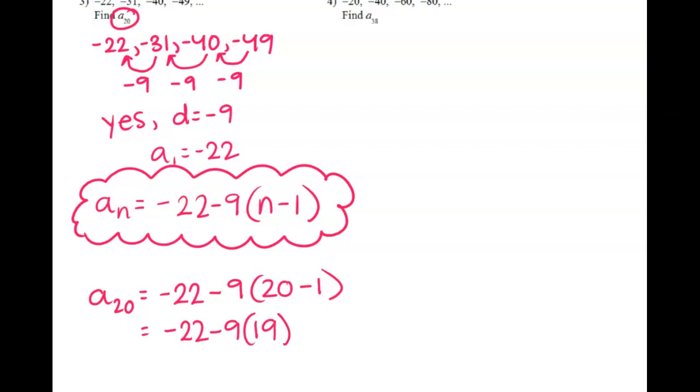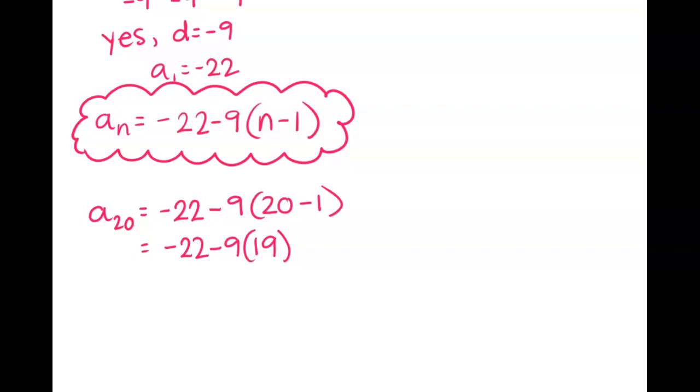So a sub 20, which is our 20th term, is negative 22 minus 9 times 20 minus 1, which is negative 22 minus 9 times 19, which is, so a sub 20, or the 20th term, is negative 193.